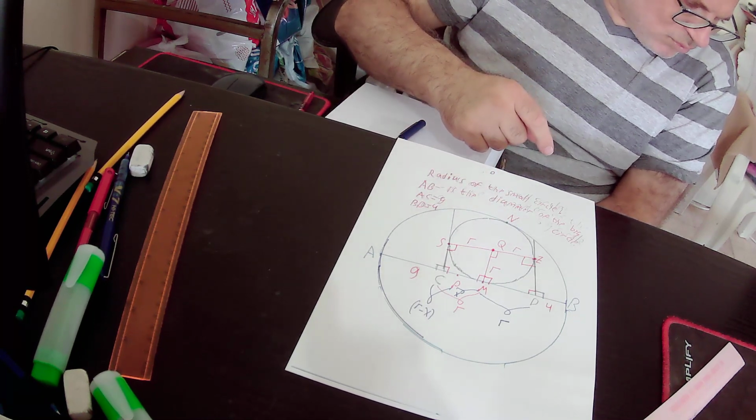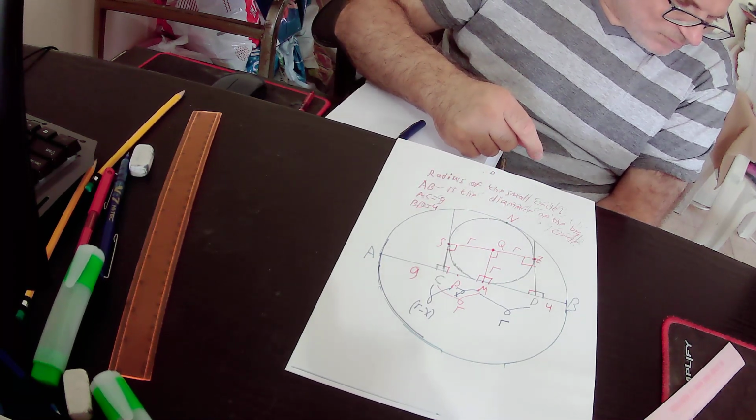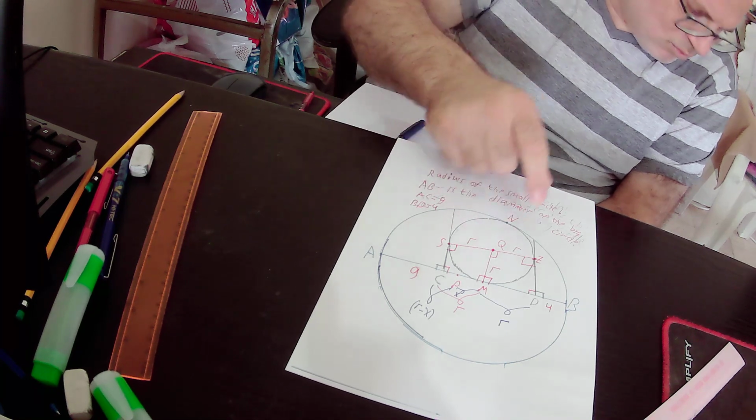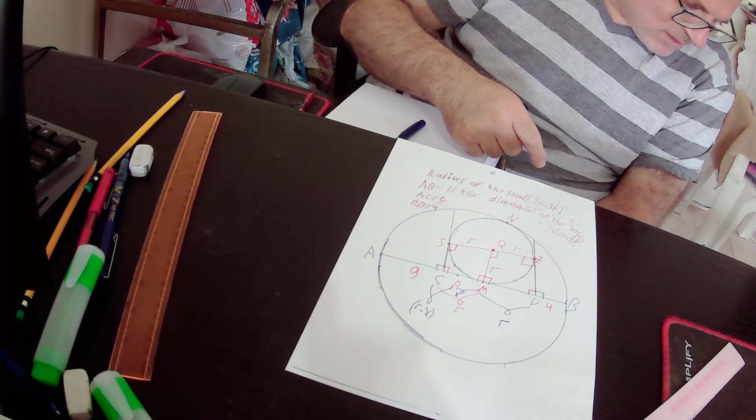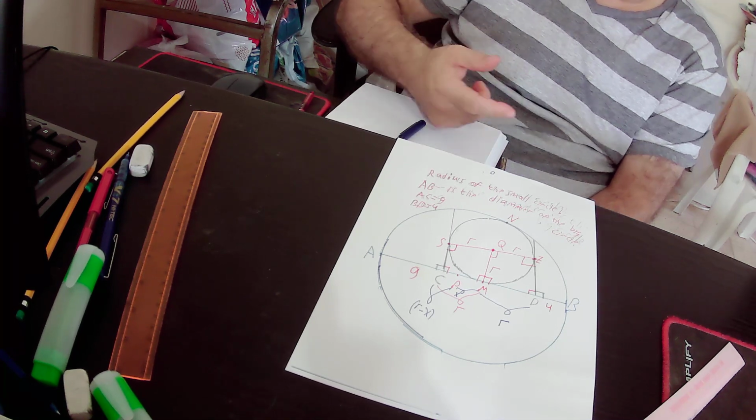According to rule number 5, this distance PQ equals the difference between the lengths of their radiuses.